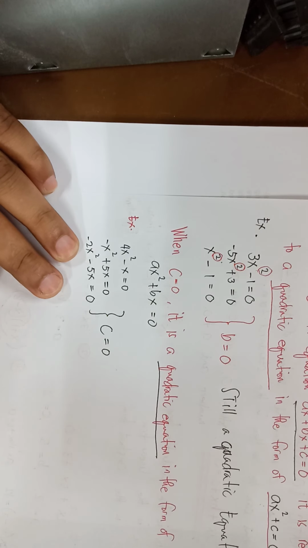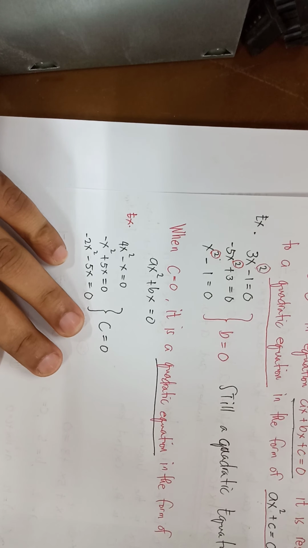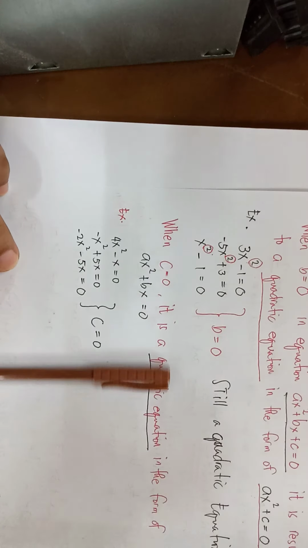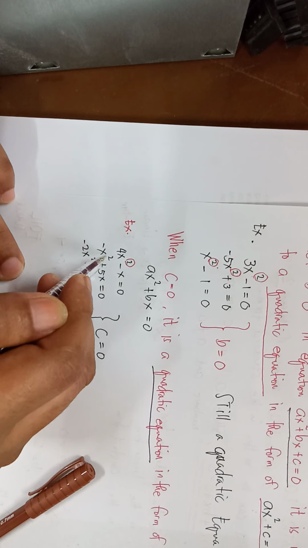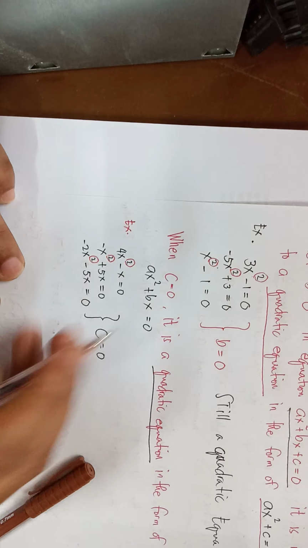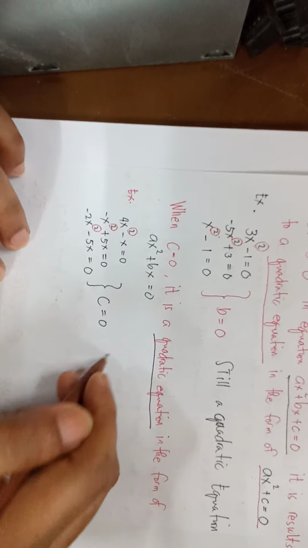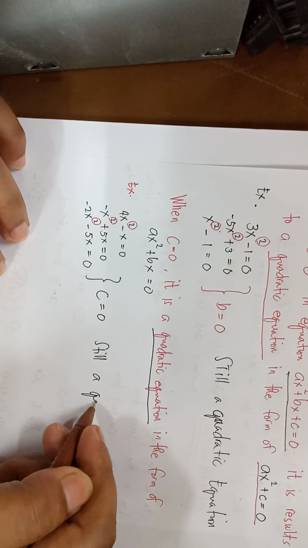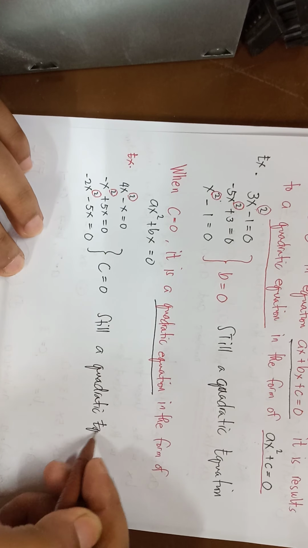As you have seen, c is missing. It doesn't matter if c is missing as long as the highest degree of the equation is 2. Since the highest exponent is 2, it is still a quadratic equation.